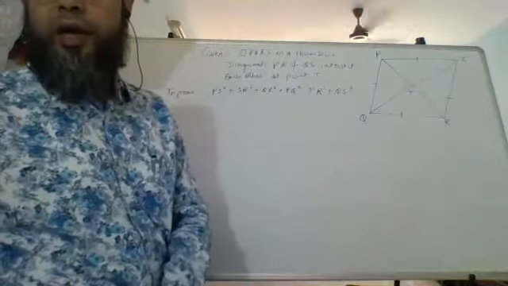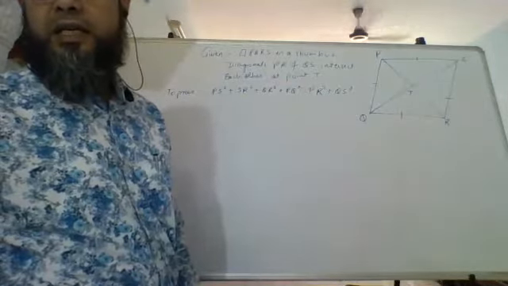Now, as we know, diagonals of a rhombus bisect each other.